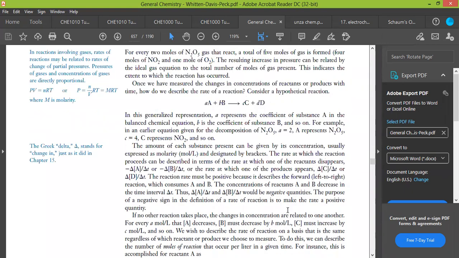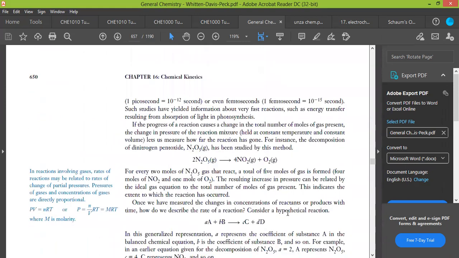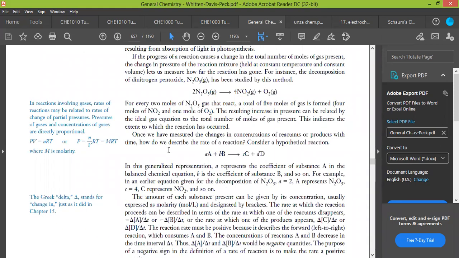So you can now connect all these by one equation by saying rate is equal to 1 over a, and then multiplying it by the change in A over change in T. Then you say equals minus 1 over b, change in concentration of B divided by change in time.